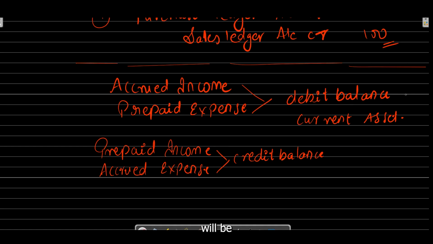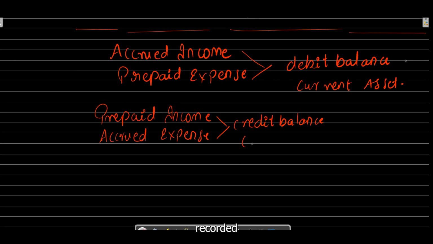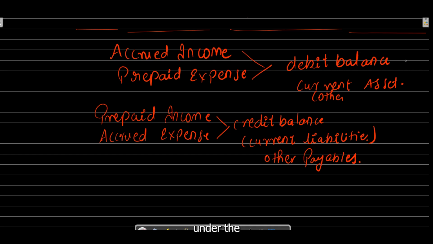The opening balance would always be on the credit side and they would be recorded under current liabilities, and in that they are recorded under other payables, whereas the others are recorded under other receivables. So just remember these two things. Many questions are asked from this chapter, very important chapter.